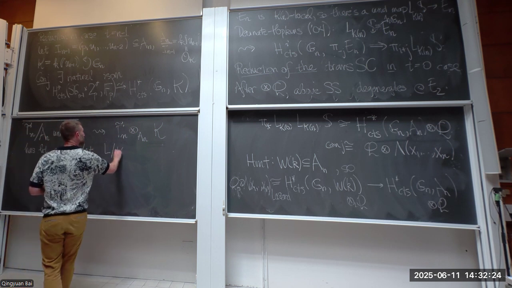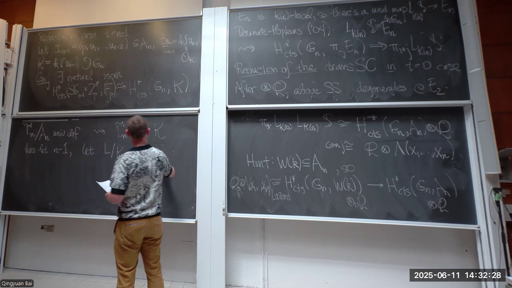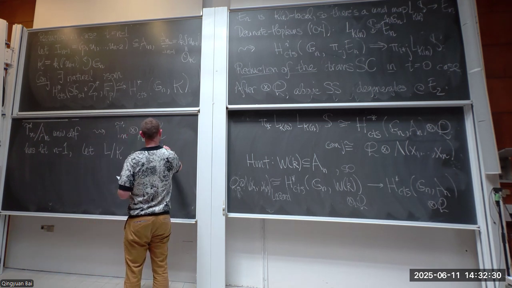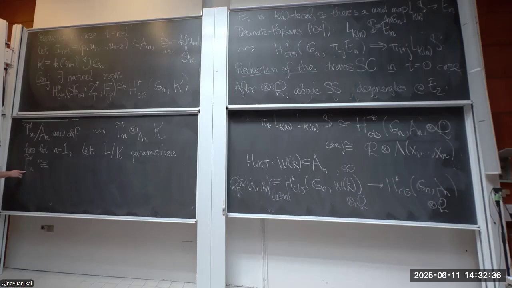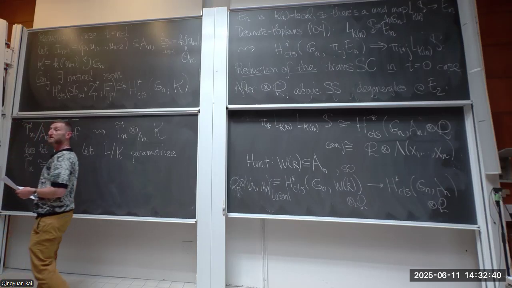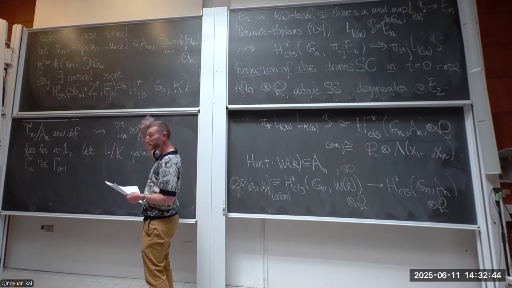So let L over K be the extension that parameterizes isomorphisms between this gamma_n tilde and gamma_{n-1}. It's height n-1, so there should be some torsion.